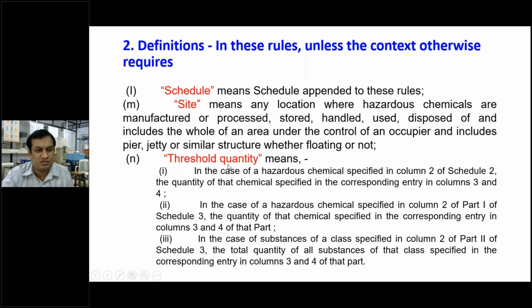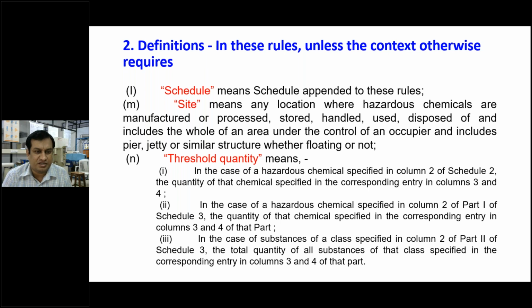Then threshold quantity. Normally the threshold quantity is nothing but the maximum permissible quantity by the Ministry of Environment and Forest, which is given under the schedules of this MSIHC rule. So we know that there are listings of hazardous chemicals in different schedules with the threshold quantity.